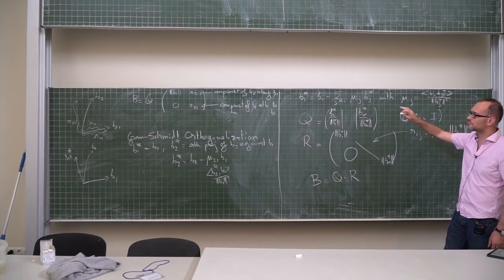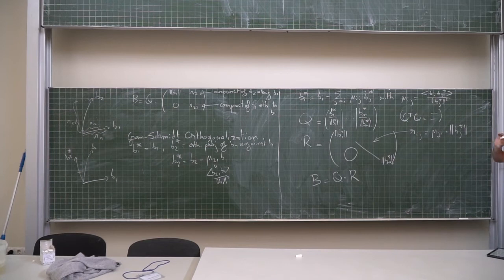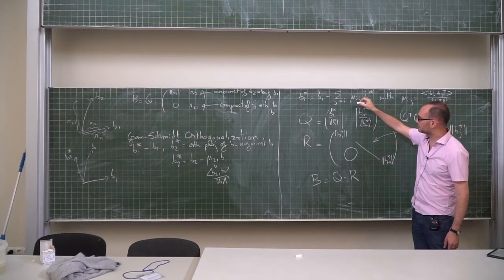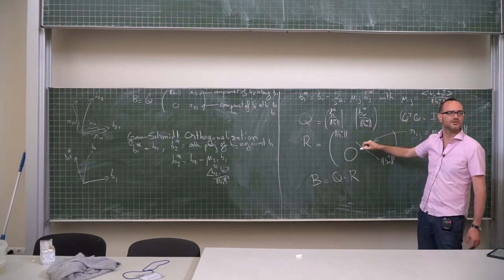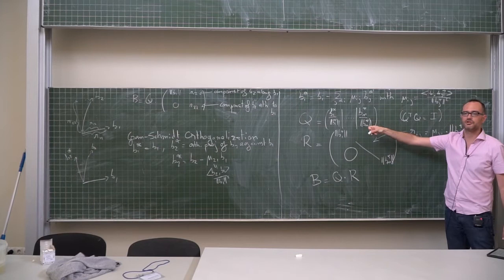I think the GSO definition is very confusing, whereas QR is very clean in terms of matrices. So indeed, you have to be very careful because the mu ij's form a lower triangular matrix, whereas R is upper triangular. And the mu ii's don't exist, whereas the diagonal coefficients of R are the norms.